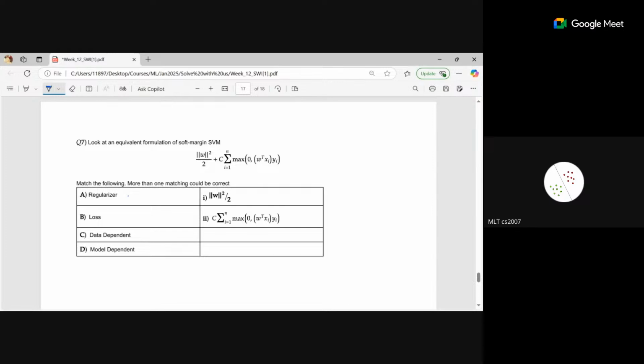You're supposed to say A will match to 1, B will match to 2, C will match to 2, and D will match to 1.